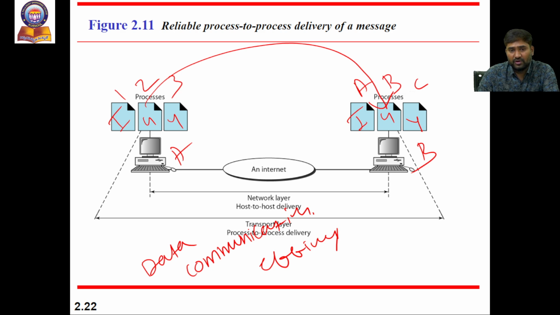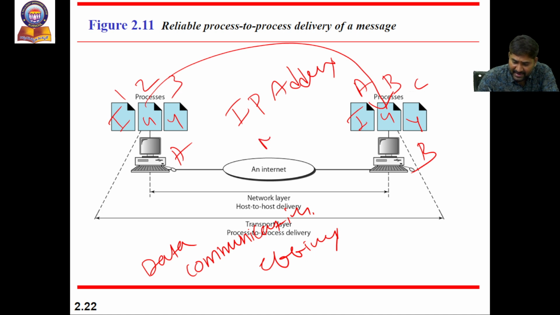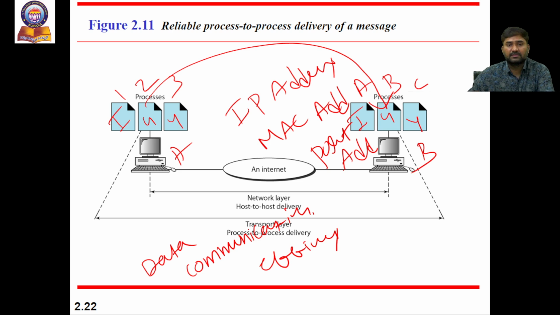Observe here, to make this communication we need 3 different types of addresses. One is an IP address. We will see these addresses in the next content. Then the MAC address and the port address. We need 3 addresses, very important in the network.